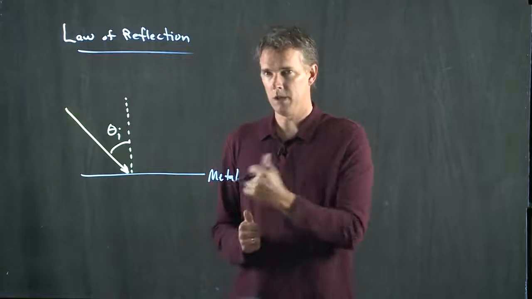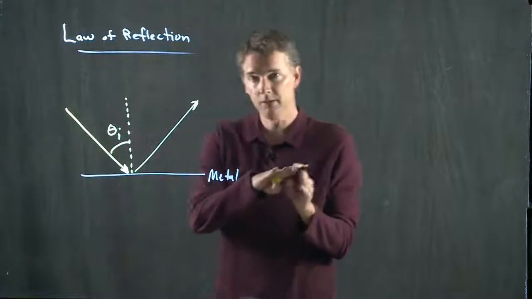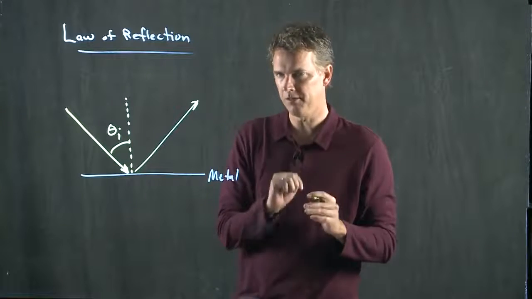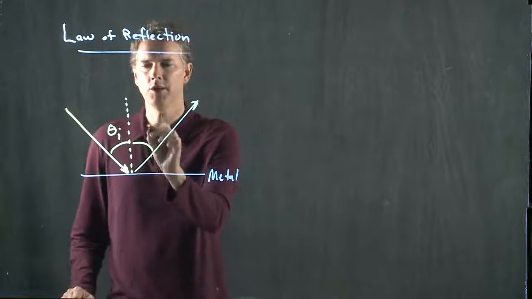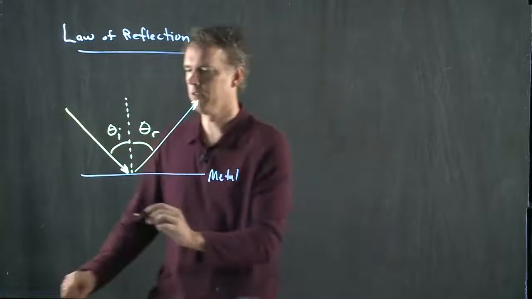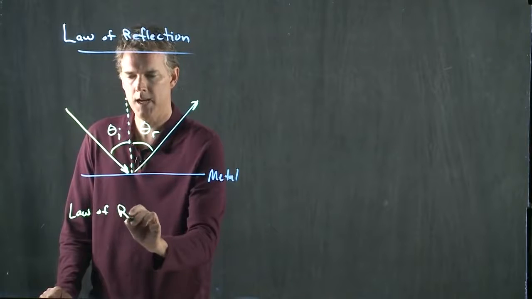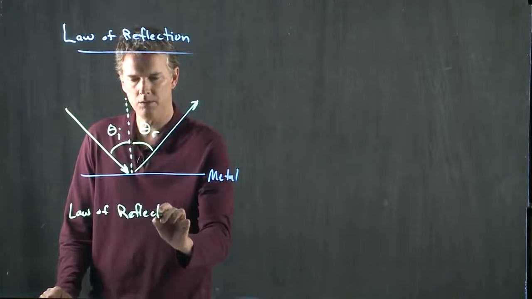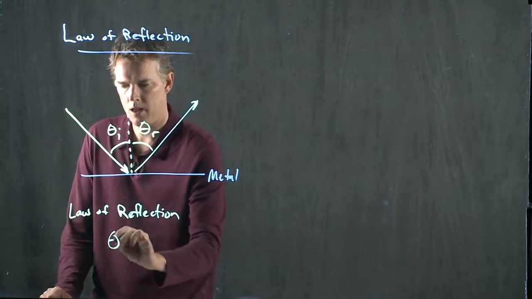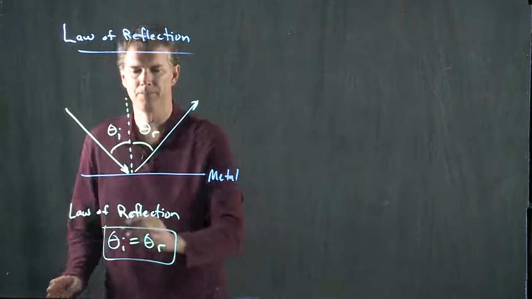Now, going out the other side, we of course have a reflection. And if this is a nice flat metal surface, then that reflection is at theta R, and the law of reflection says the following. Theta I is equal to theta R. Incident equals reflected.